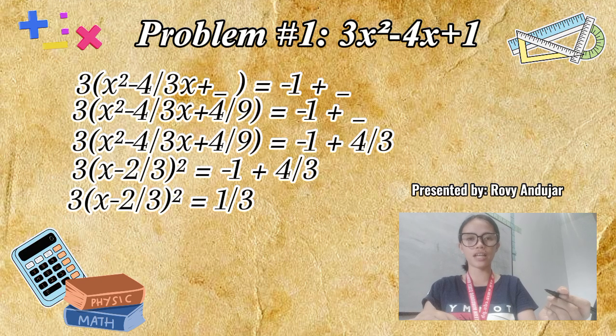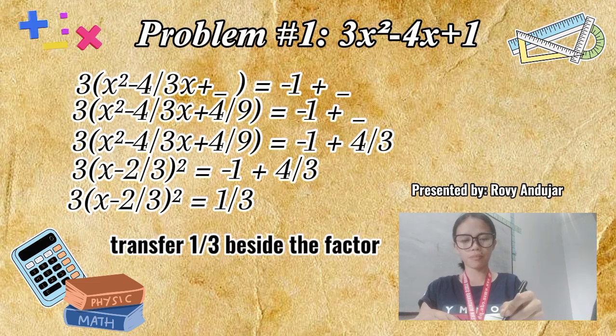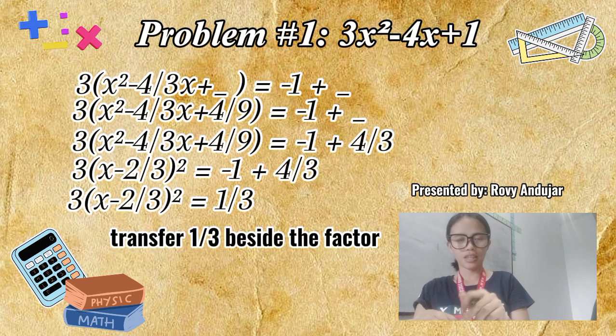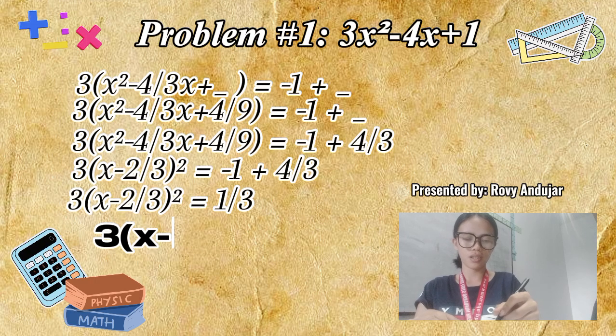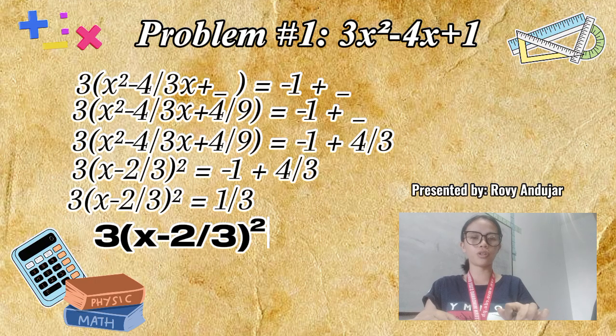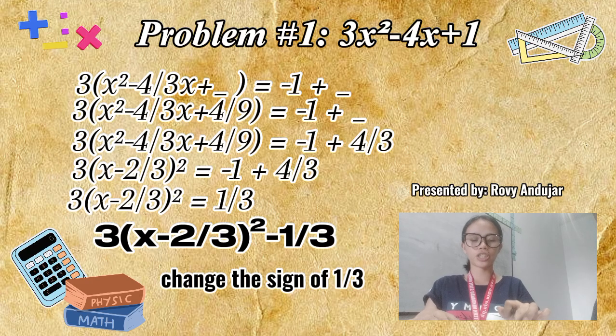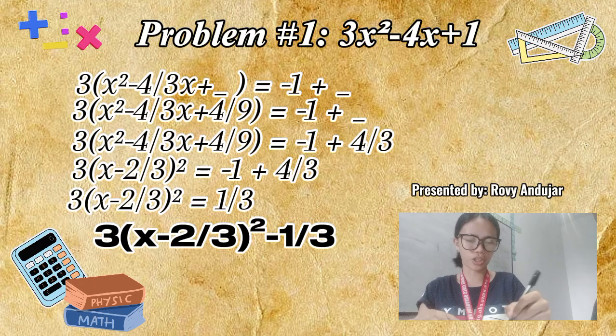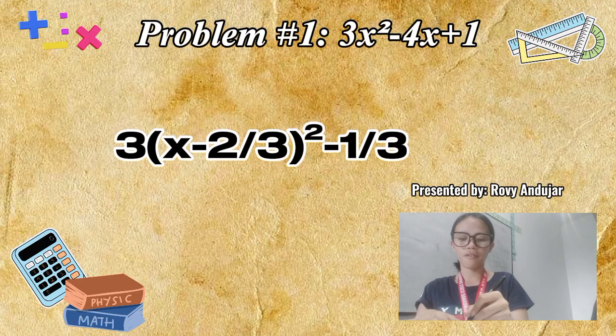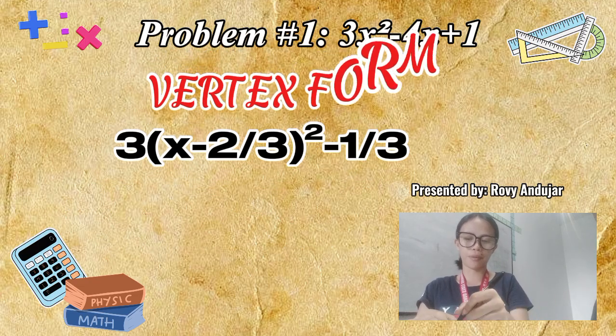So is this our final answer? No, this is not, because we will need to transfer 1 third beside our number here. So copy again, 3 times (x minus 2 thirds) squared. Now, since we are going to transfer the 1 third, we will change the sign into, yes, very good, negative 1 third. So this is our vertex form.